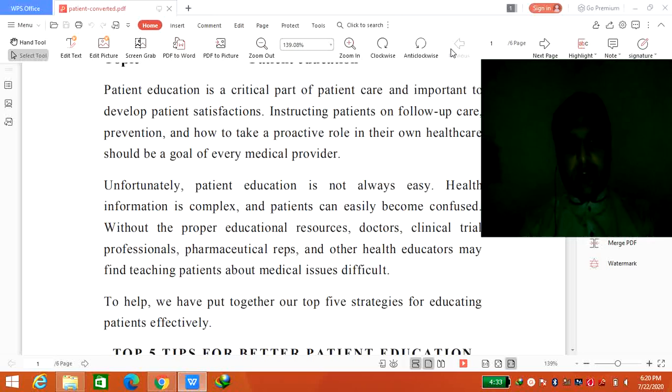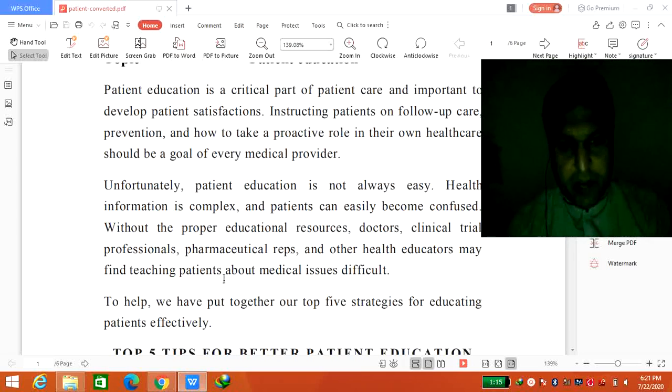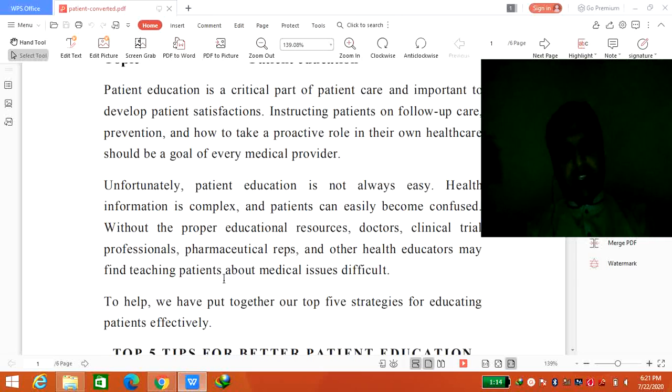One thing to keep in mind: unfortunately, patient education is not an easy task. Health information is complex, and patients can easily become confused without proper educational resources. Doctors, clinical trial professionals, pharmaceutical representatives, and other health educators may find teaching patients about medical issues difficult. But keep in mind that many people are directly involved in educating the patient and sharing information with them.